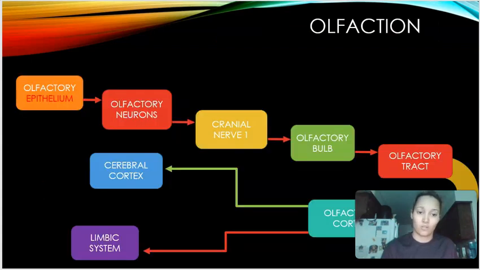Olfaction transduction begins through your nasal cavity, through your olfactory epithelium. On the roof of your nasal cavity, you have about a 3 centimeter squared patch that has olfactory neurons. These neurons are connected to your cranial nerve, which allows for stimuli to be transferred to your olfactory bulb, processed through the olfactory tract, and then interpreted in your olfactory cortex.